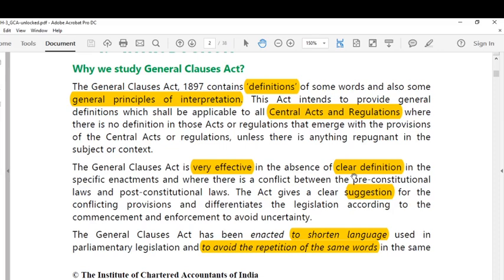So if there is any deficiency of any definition in any of the enactments made by the parliament, in such a case, the definitions that are available in General Clauses Act will facilitate the interpretation of the acts made by the parliament.